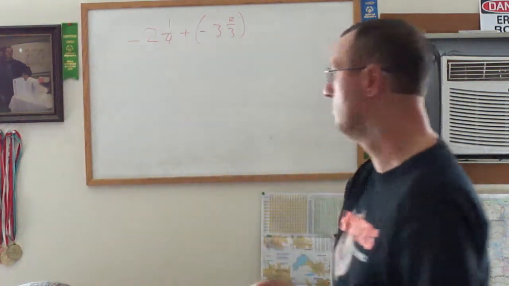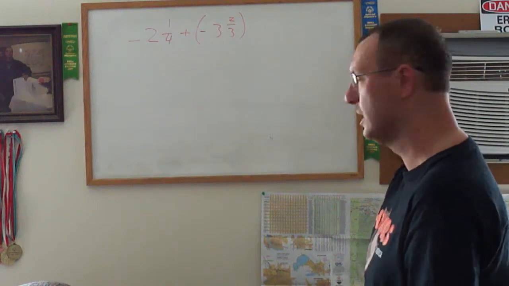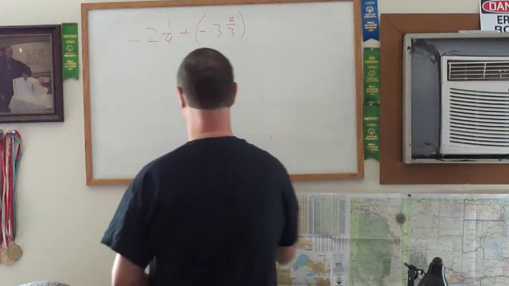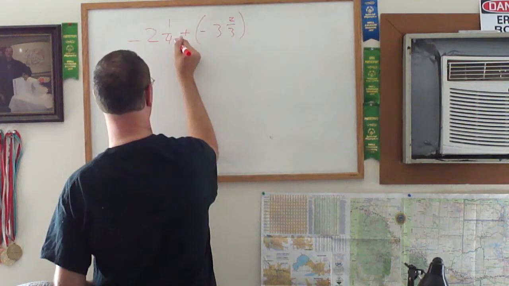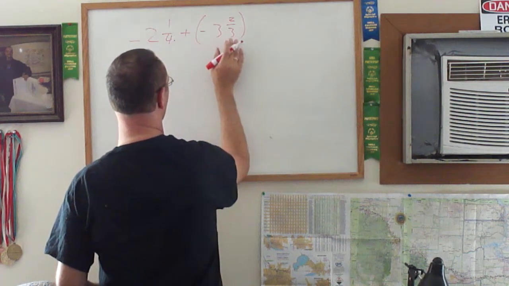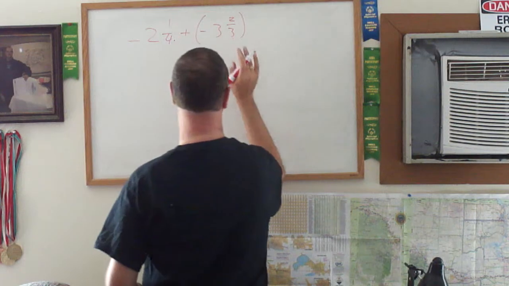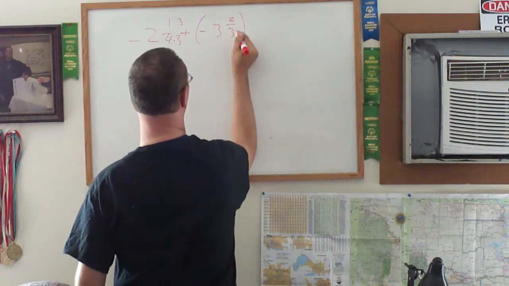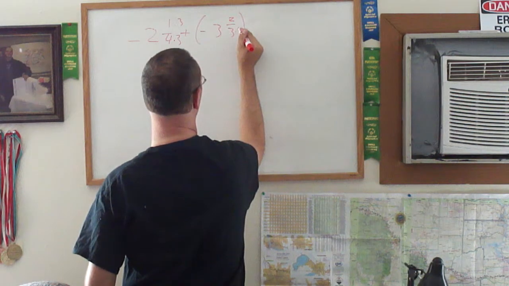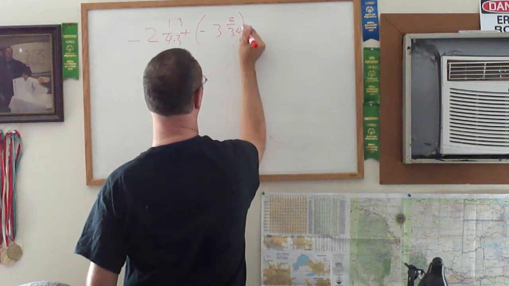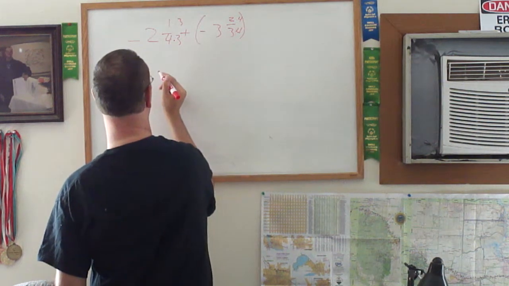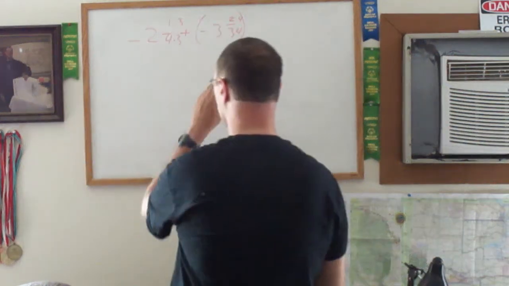Alright, we're doing a mixed number right now. Same thing, common denominator, LCD: 4 and 3, that's 12. And they are both negative.